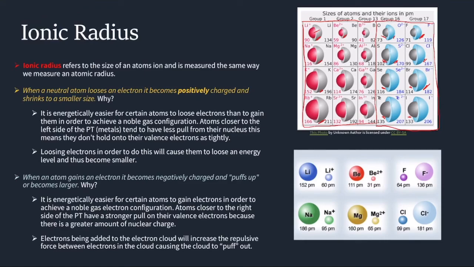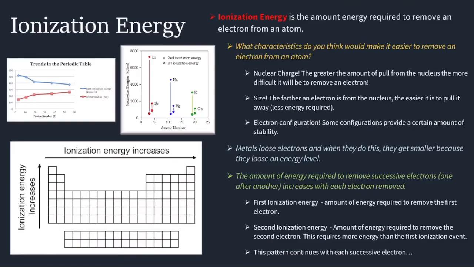All right, let's move on to ionization energy. Ionization energy is the amount of energy that's required to remove an electron from an atom. So how much energy does it take to ionize something is basically what we're talking about. What characteristics do you think would make it easier to remove an electron from an atom?